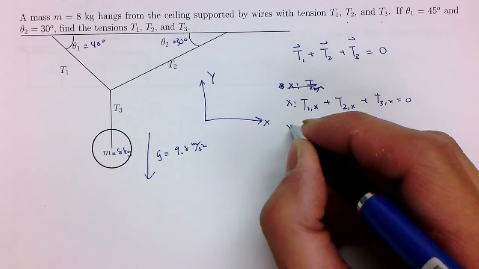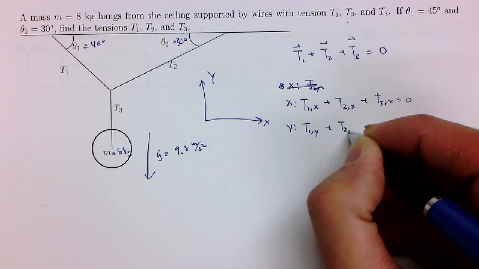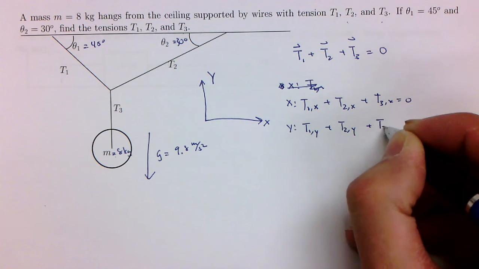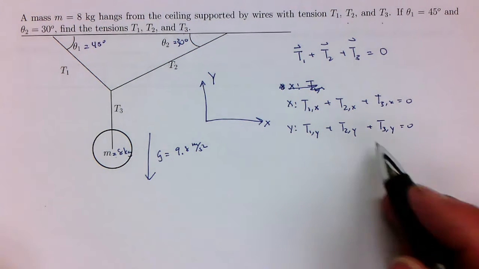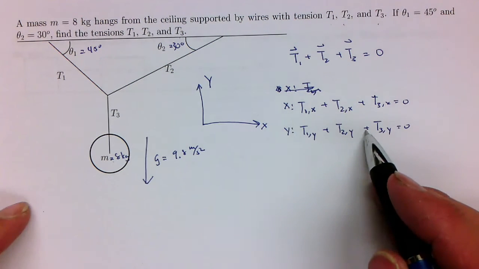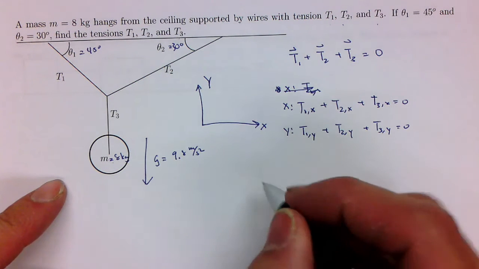And then the y component: T1 of y plus T2 of y plus T3 of y is equal to 0. Okay, so let's decompose these into the various components. Let's look at this analysis first along the x direction.